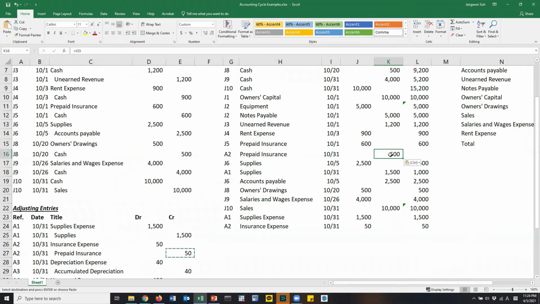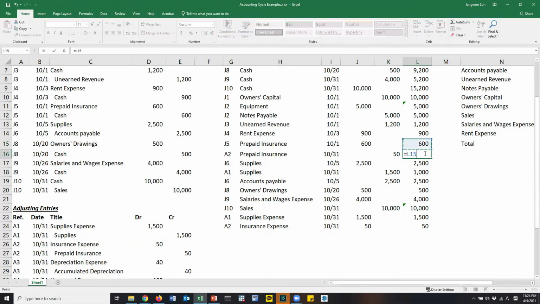I know now why a wrong number was typed in. I copied and pasted, and what's pasted is the formula, right? What I want is this value.